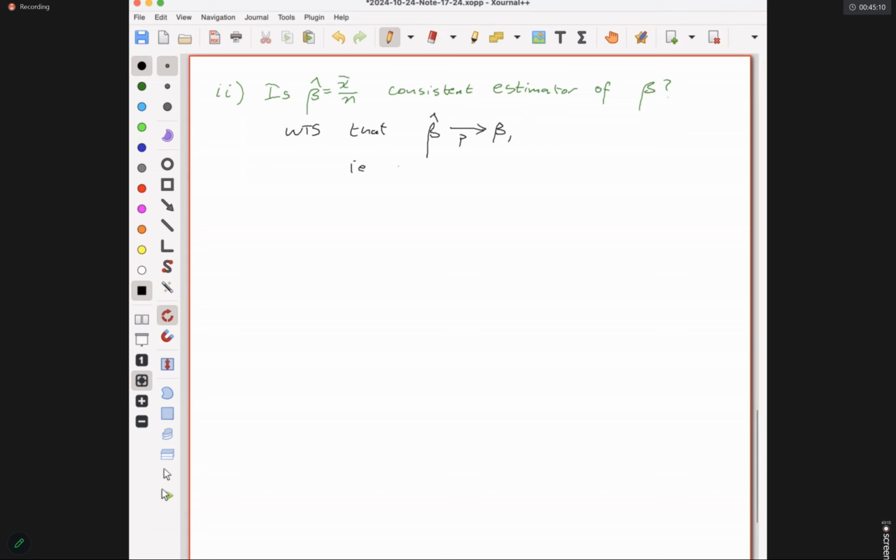Or in other words, the limit as n approaches infinity of the probability that beta hat is within epsilon of beta, for any bound we pick for that difference, is going to go to 1.